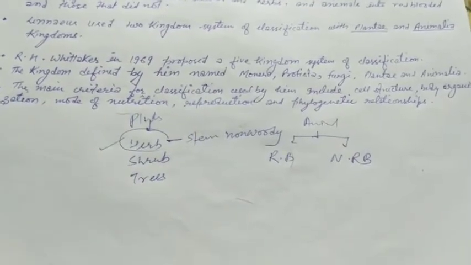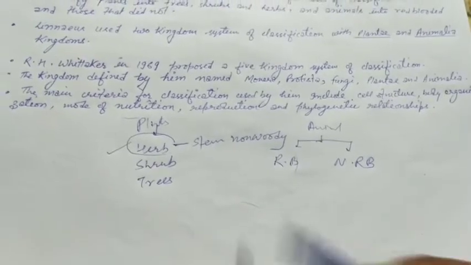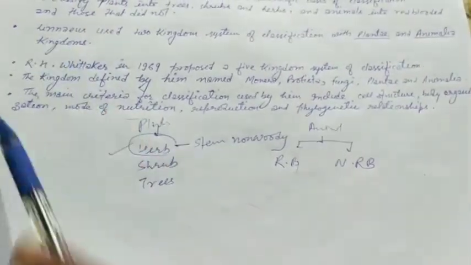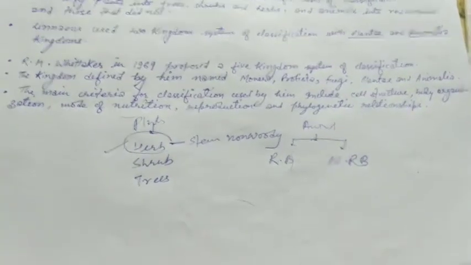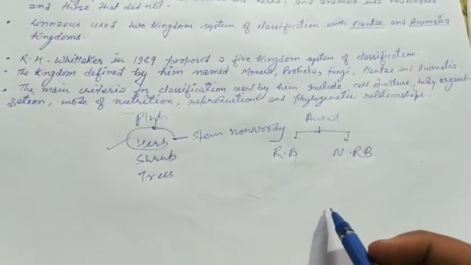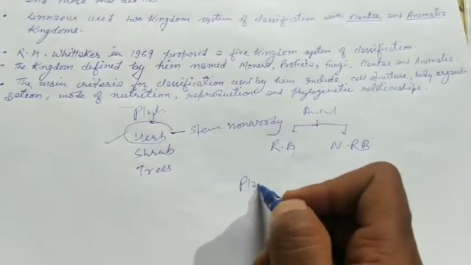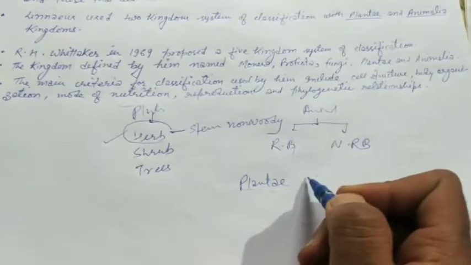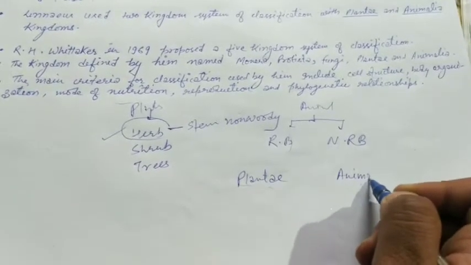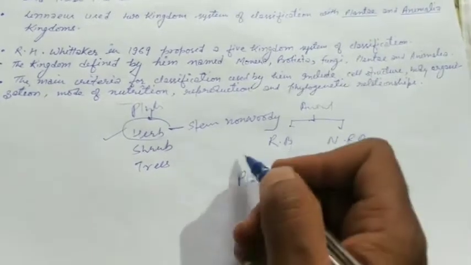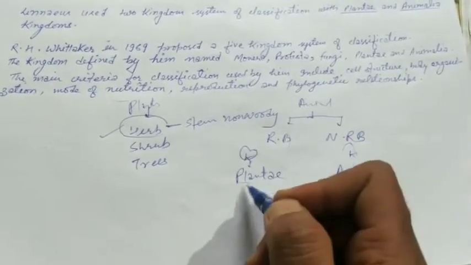The main two kingdom system of classification was used by Carolus Linnaeus, who is known as the father of taxonomy, in which he classified organisms into two categories. Number one is Plantae, which includes all the plants, and number two is Animalia. These are the two kingdoms. This kingdom is Plantae and this kingdom is Animalia.